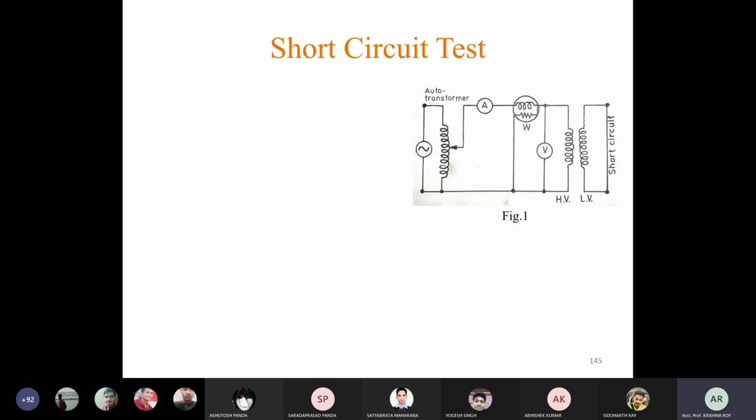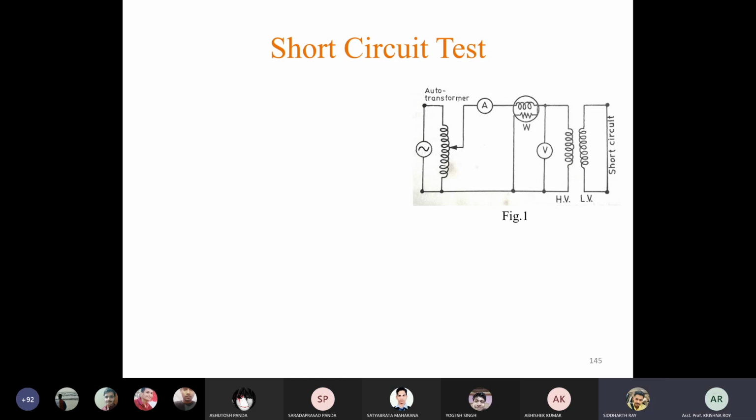No, I'm not getting. Repeat your question. Sir, if we are producing the same result, that is core loss, in this open circuit test, compared to the higher voltage side, on the low voltage side we'll be applying low voltage, so there will be less. See, that is not the question of low voltage or high voltage. That is the question of rated voltage. You have to apply rated voltage.